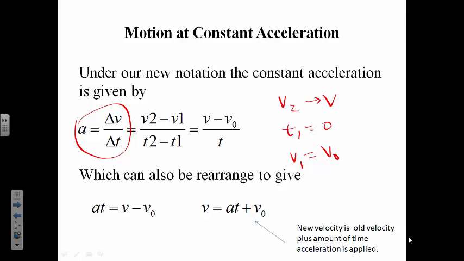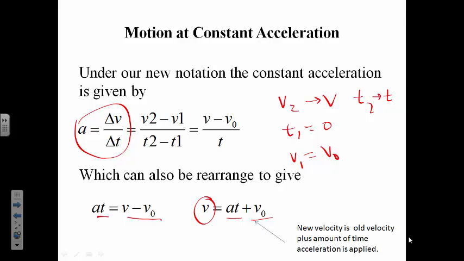And then we're going to say that t2 is some t on the stopwatch at some point later in time when we make our reading for v. This will allow us to rearrange our equation to say that at is equal to v minus v0, or that our velocity at some point in time is equal to our initial velocity plus our acceleration times the time it's applied.